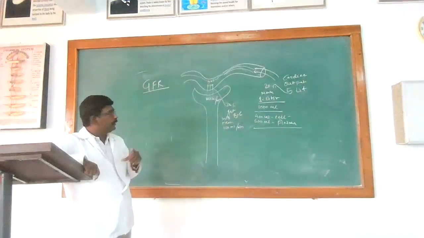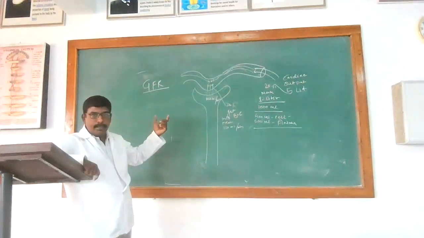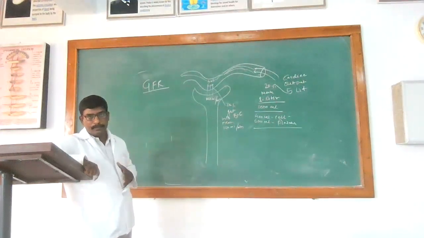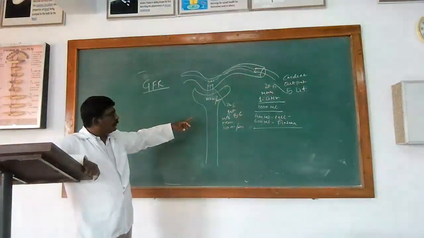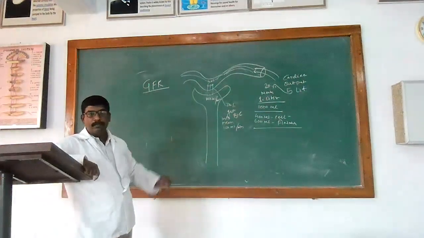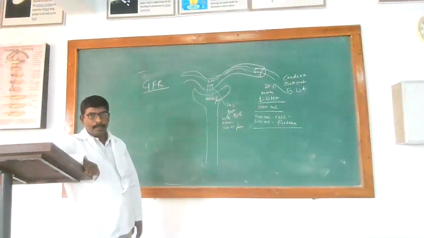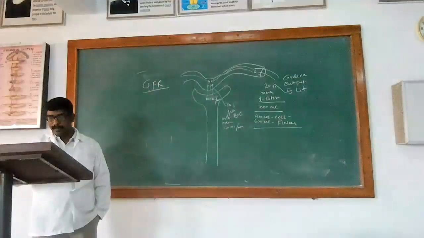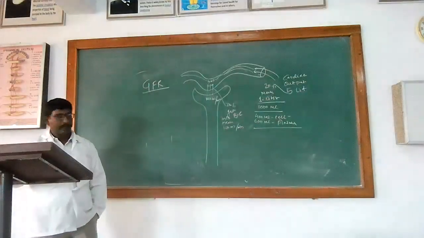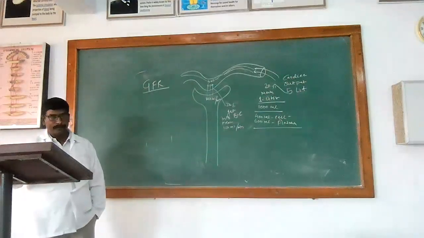So 20% actually comes after filtration to the Bowman's capsule. Here 20% of 600 is 120 ml. So GFR is 120 ml per minute. Right. Now we are going to the factors affecting GFR.